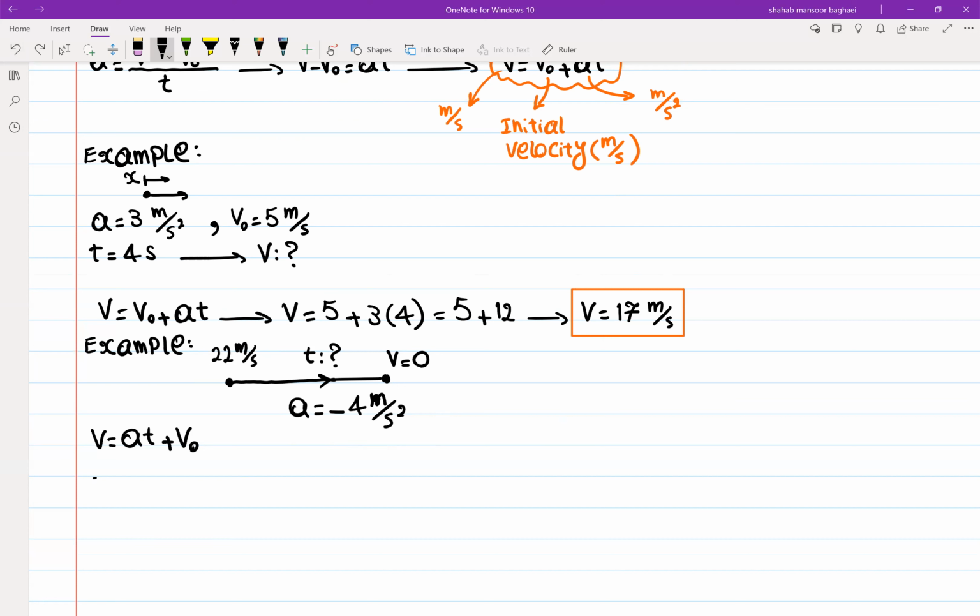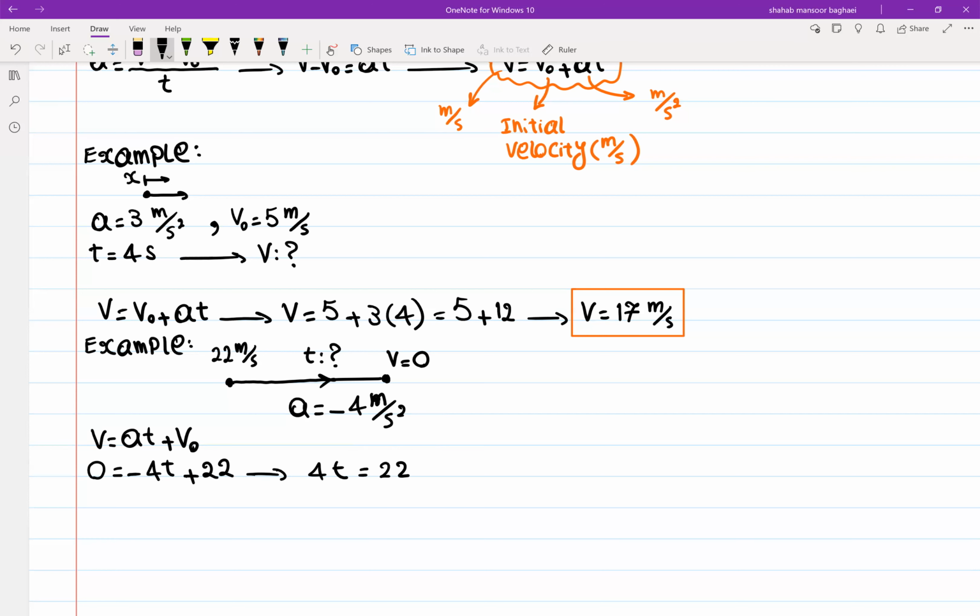Plug in here. V is 0 equal to minus 4 times t plus 22. Therefore, you can find t value: 4t equal to 22.